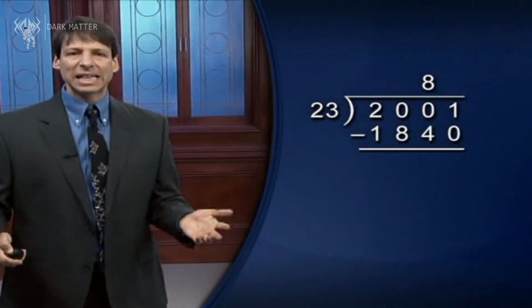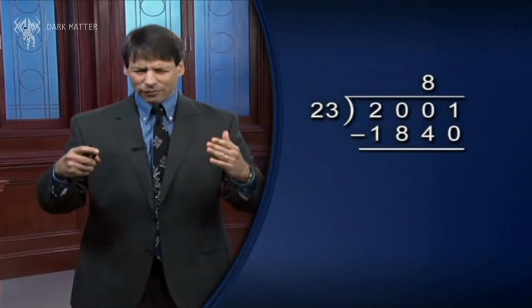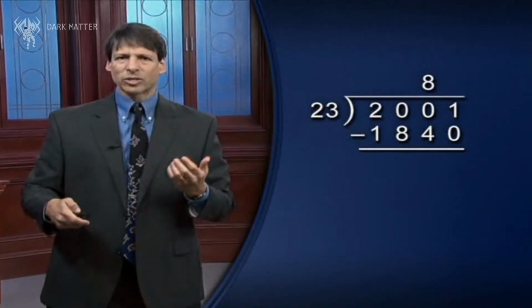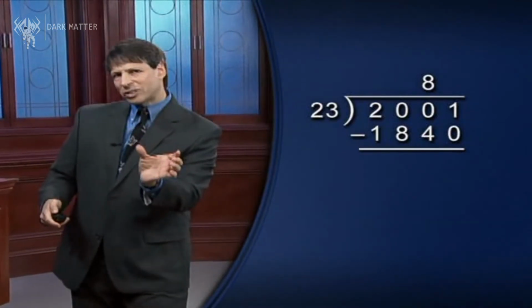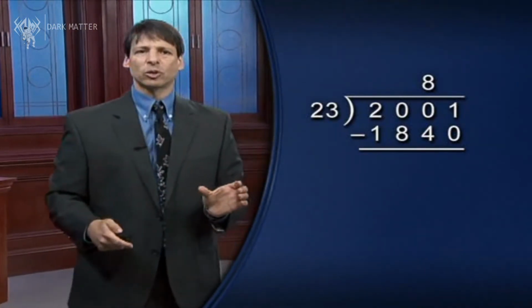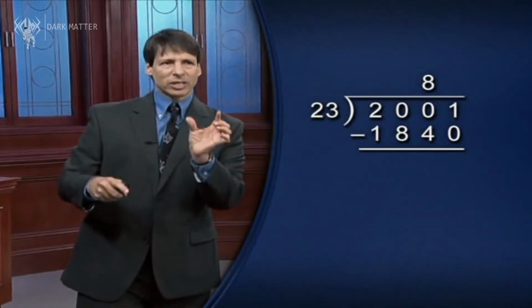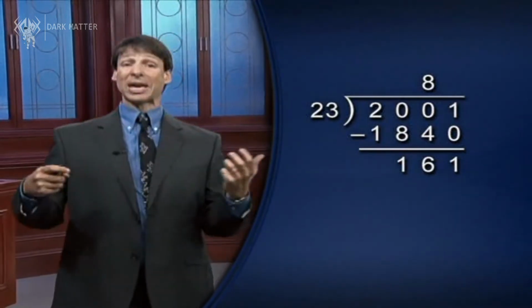Okay, so you can say the 80, get that out of your memory, and now you have to subtract 2001 minus 1,840. Now, how far is 1,840 from 2001? Now, if you use complements, you know that 1,840 is 160 away from 2,000.